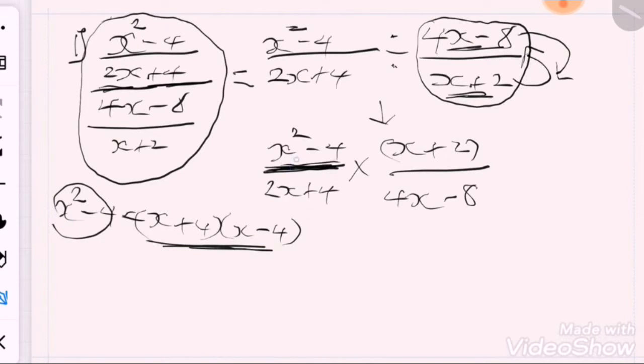So in place of x squared minus 4 in this expression given to us here, we shall substitute the binomial factors. So let me clean this for us to have space.